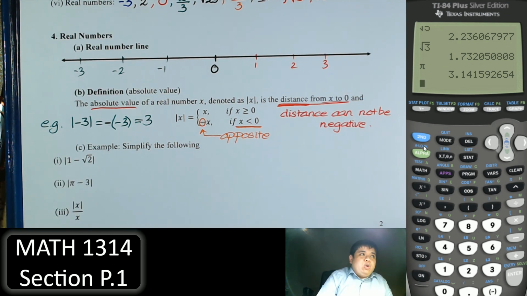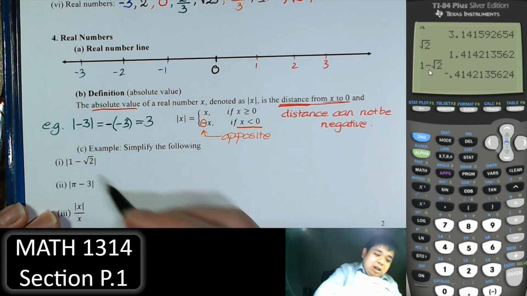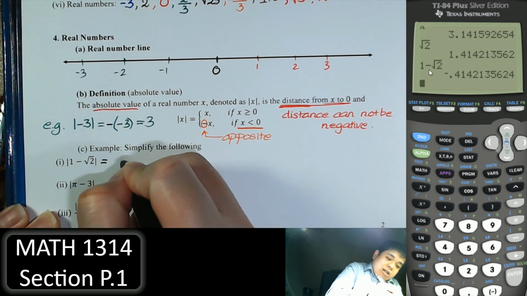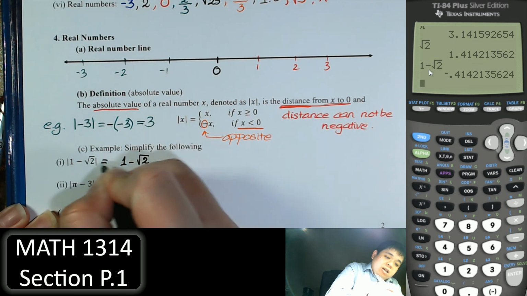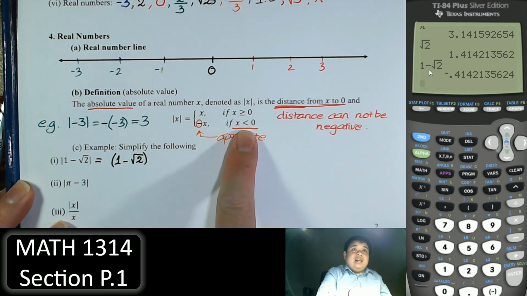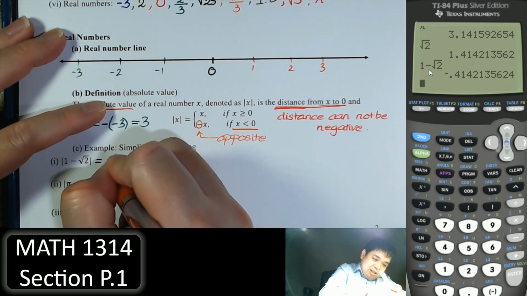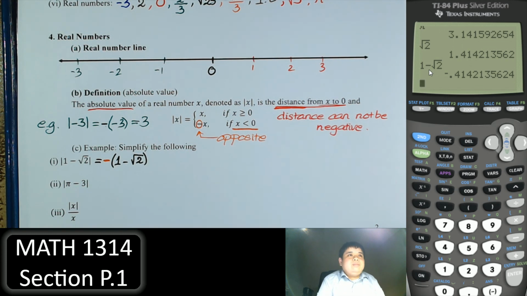Square root of 2 is 1.4 something, and we take 1 minus that. It's going to be negative, right? Because this is going to be a negative number, the absolute value guarantees that if it's negative, it's going to be the opposite. Yeah, so that's how it works.